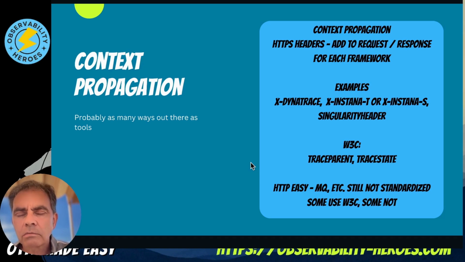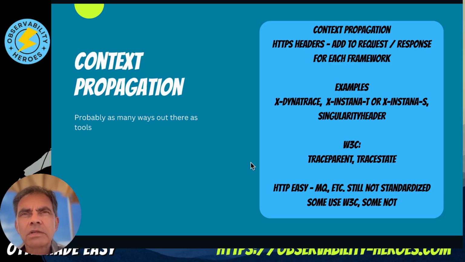There is a standard from W3C, which defines traceparent and tracestate, but that is not implemented by everyone, and most of the vendors added their own augmentation to it because they were not happy with what was possible to send along. And that's just for HTTP, which is the majority of cases, I'll give you that.